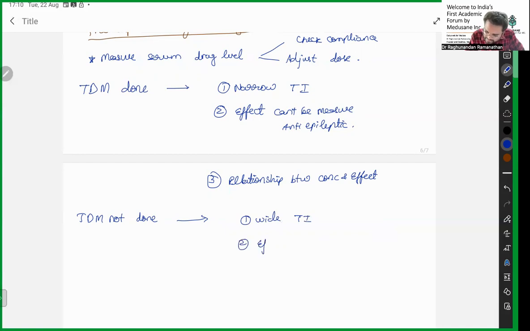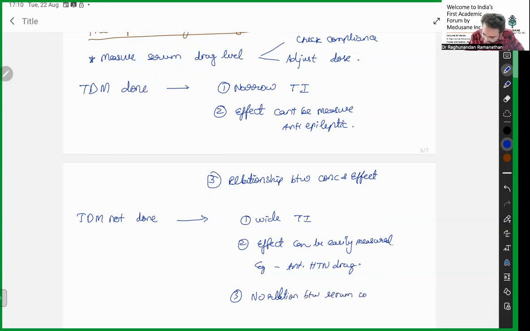Number 2, where the effect can be easily measured, for example antihypertensive drugs. And number 3, where there is no relation between serum concentration and effect. With this we come to the end of one beautiful session, pharmacodynamics.